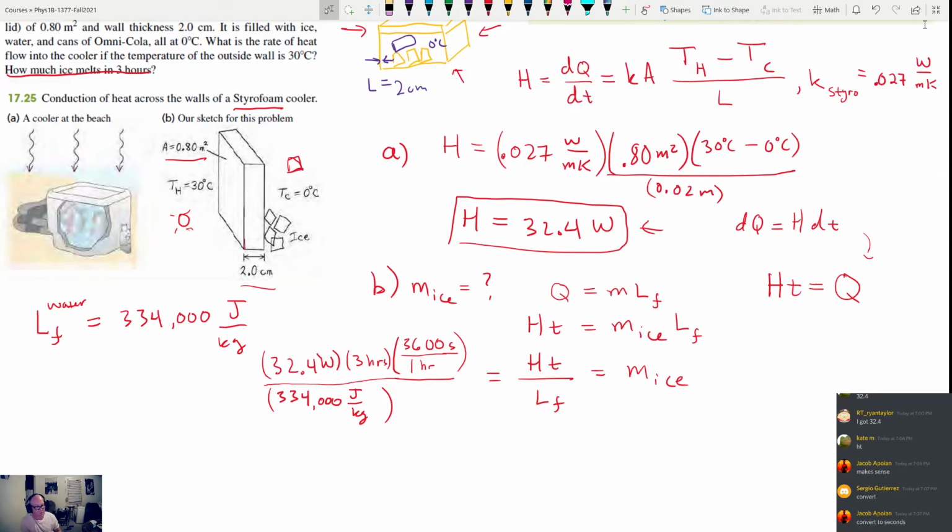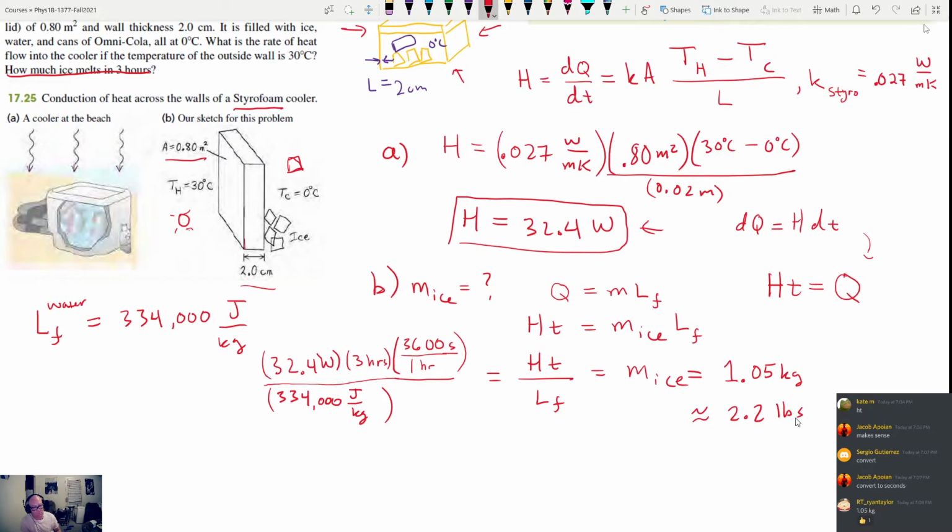Okay, can you all solve it for me? What do you get? All right, so it's about 1.05 kilograms, which is about 2 pounds.